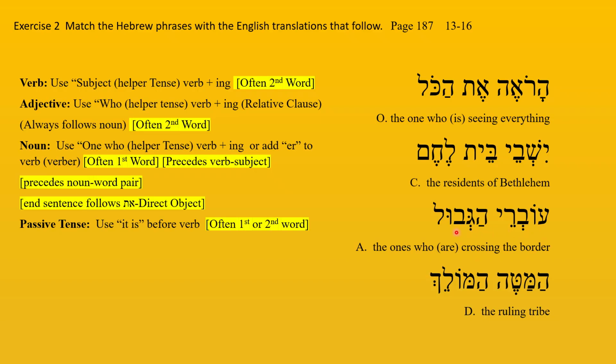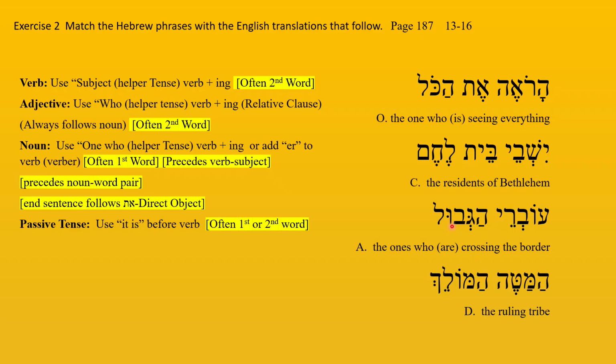Ovrei ha-gevul. So your participle right there. First position. So it could be the subject. But then you notice this. So it's definitely a noun. So it's the ones who are crossing over, the ones who are passing over, the ones who are crossing the gevul, the border.